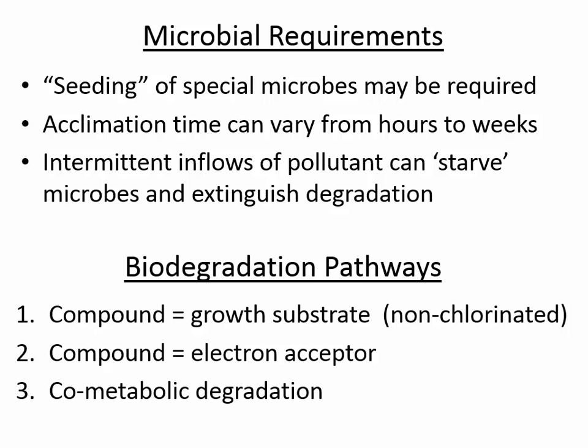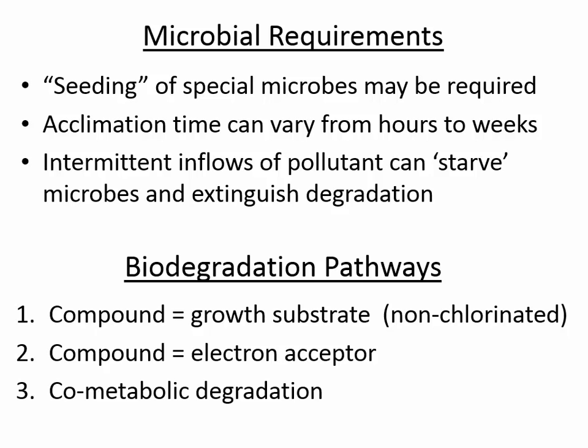The way that the biodegradation can occur, it may be that there are microorganisms that just use these organic materials as a substrate. It might be that they're food, and usually that excludes chlorinated compounds. There are only a few microorganisms that can actually consume and eat the chlorinated compounds. Another possibility is that instead of a substrate, they're using whatever the bad compound is as an electron acceptor in place of oxygen.